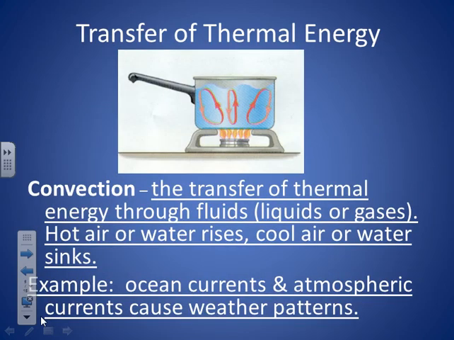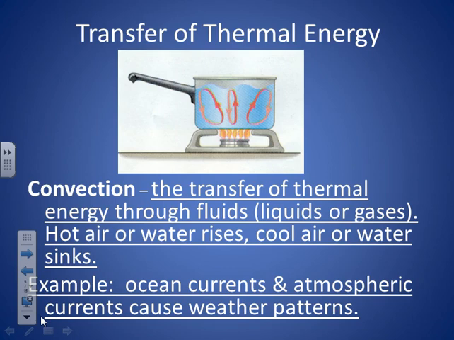The second way that heat moves is through what we call convection. And this is the one that students typically struggle with, because a lot of times people don't see it. They don't know it's happening. It's a little abstract, I guess you could say.